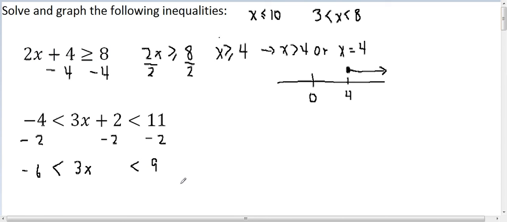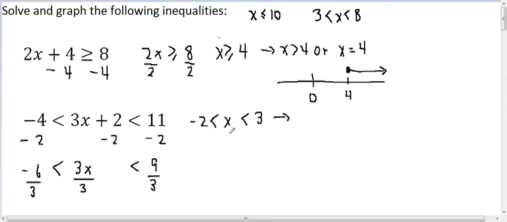Next, let's divide all three parts by 3. Minus 6 divided by 3 is minus 2. 3 and 3 cancels out, so we are left with x, and 9 divided by 3 is 3.